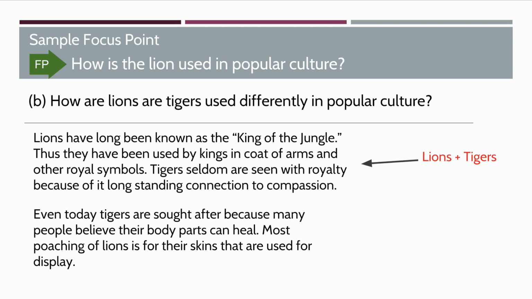Think of our friend Tigger from Winnie the Pooh. Tigers are seen as fun, not serious, not necessarily something that would correspond to a coat of arms or a king.